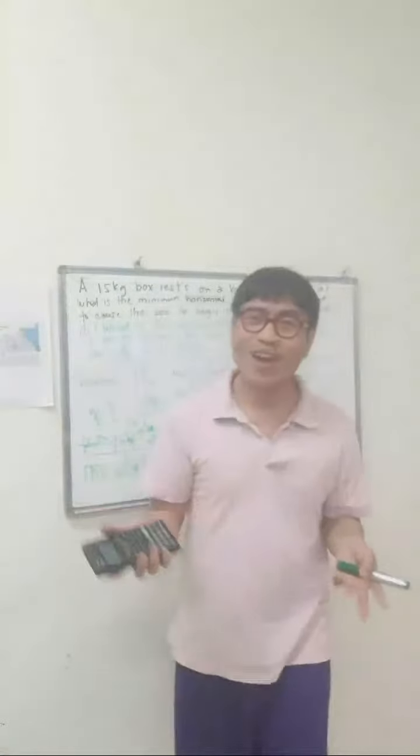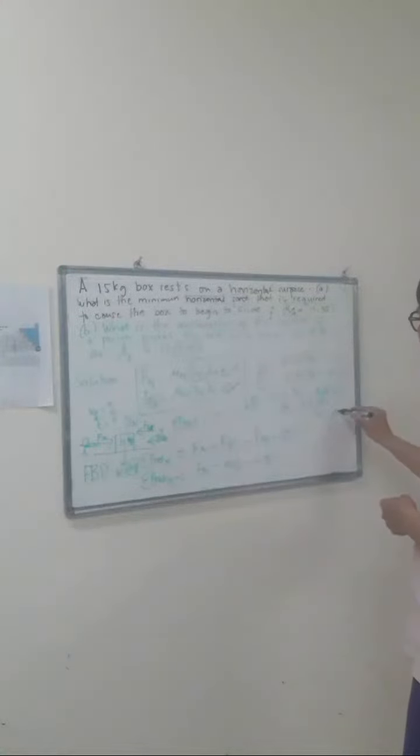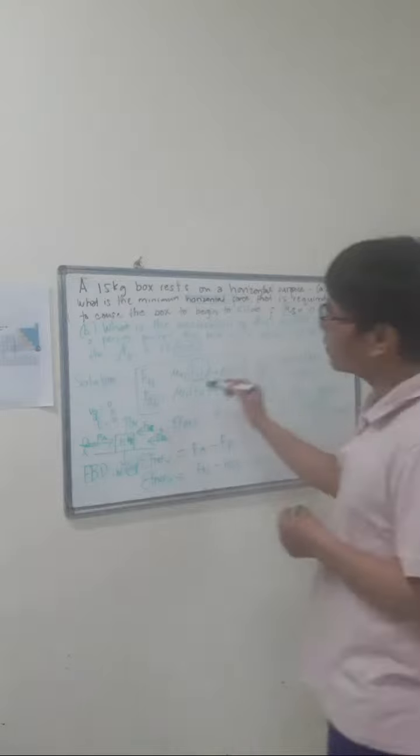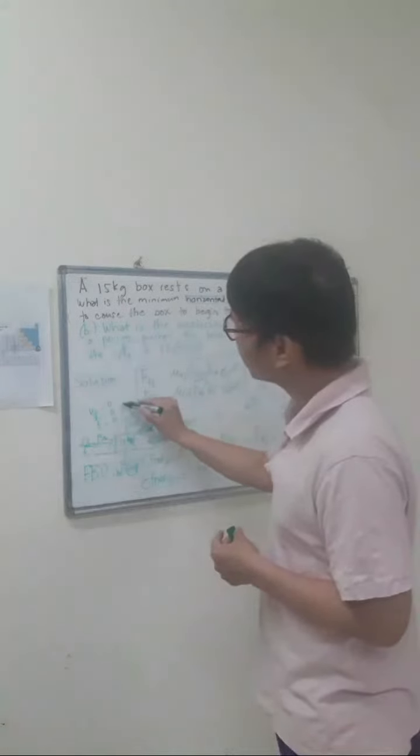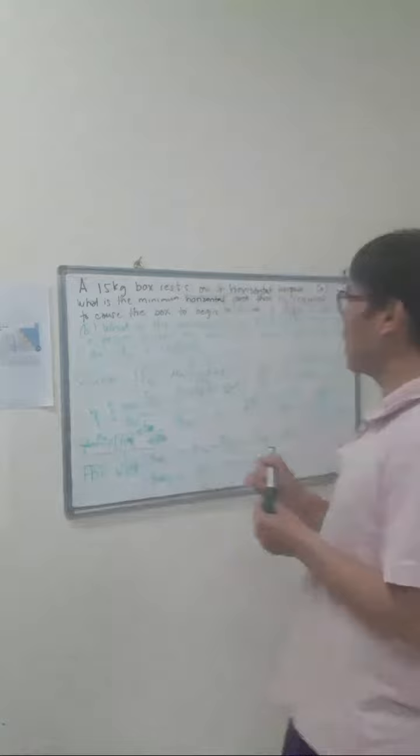So 15 times 9.81 is equal to 147.15 newtons. So it needs an upward force or a normal force of 147.15 newtons here. Now, substitute that here.